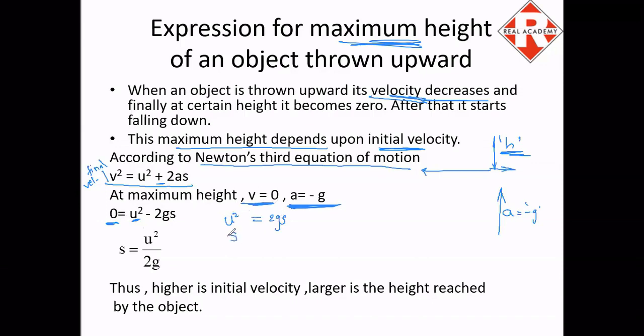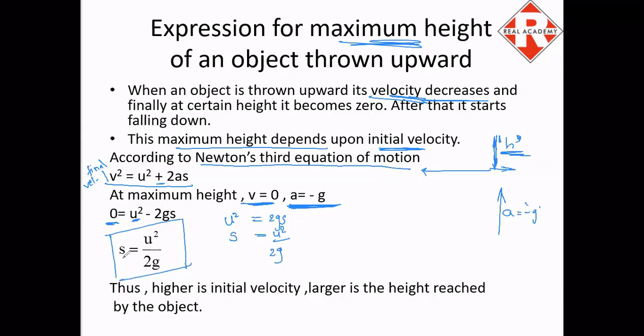So if I want the maximum height, since it is vertical, displacement is given by the height. So s, or the height, is given by u square upon 2g. This is the maximum height the ball will travel.